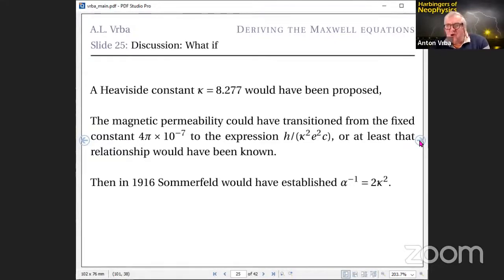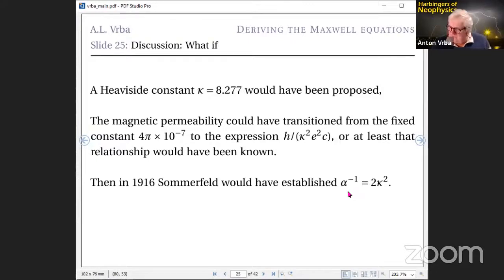The magnetic permeability, which was a fixed value till only a couple of years ago, of 4 pi times 10 to the minus 7, would have been expressed in terms of these constants. And then in 1916, Sommerfeld would have established the ratio of the fine structure constant to kappa squared.